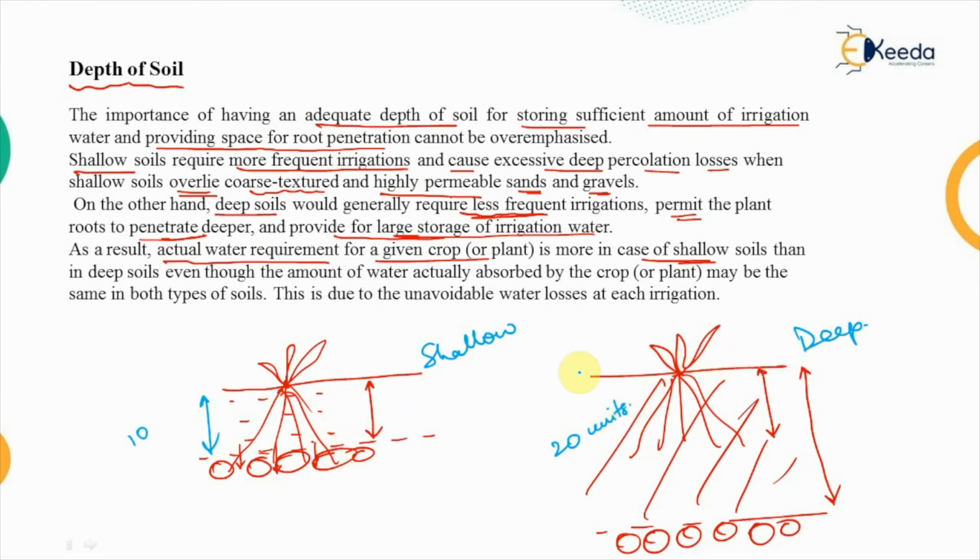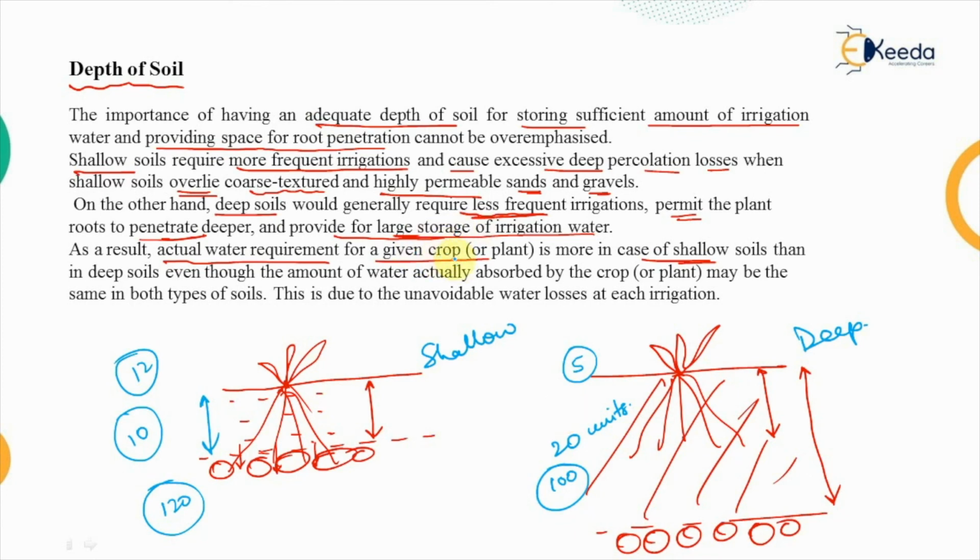The deep soil requires irrigation only 5 times, but the shallow one requires irrigation, let's say, 12 times. So the total amount of water required in shallow soils would be 120 units, while in deep soil it would be 100 units only.